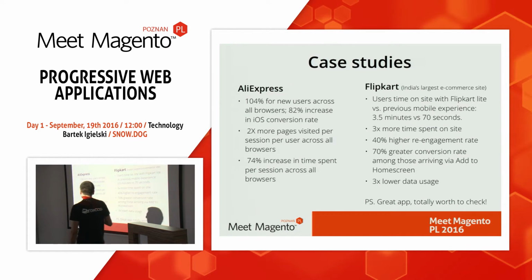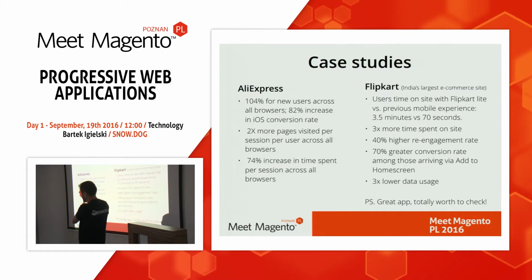But the mobile page is a progressive web application. So they got over 100% new users across all the browsers, and an 82% increase of the conversion rate on iOS.